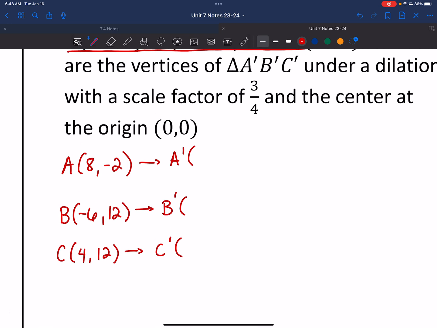So 8 times 3/4. 8 times scale factor of 3/4. That's going to give me 6. -2 times 3/4. Pull out my calculator. Going to get -3/2 or -1.5.